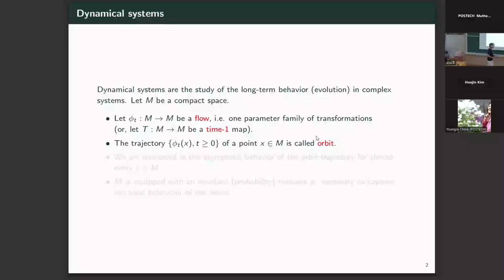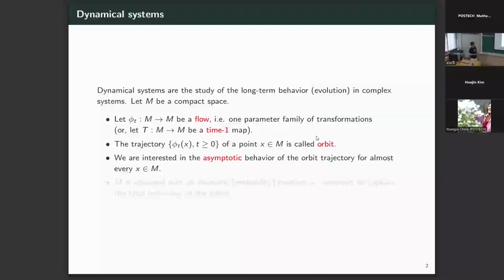Roughly speaking, if you have any point x, then we are interested in how the point moves around in the space. In particular, when time tends to infinity, we want to know how it behaves. That is one of the objectives in dynamical systems: we want to know the asymptotic behavior. But for a single orbit, it is very difficult to know, because every point has an orbit, and each of the points may have a different behavior.